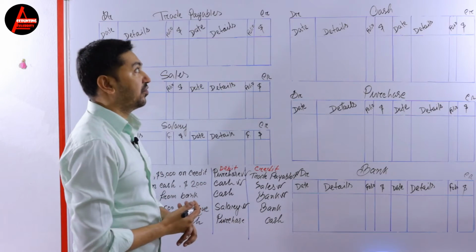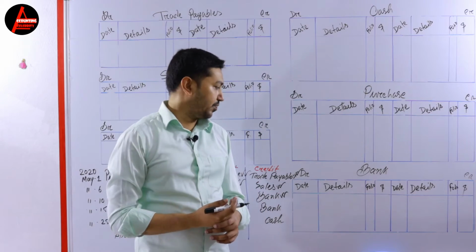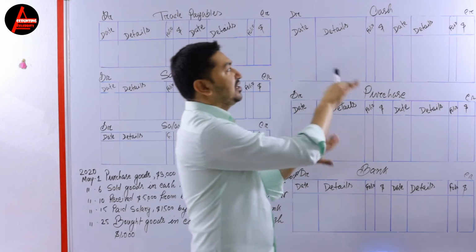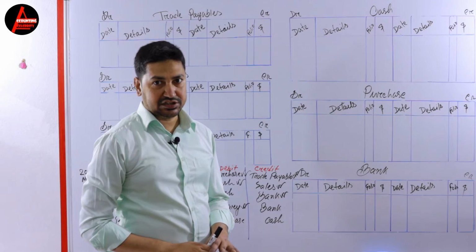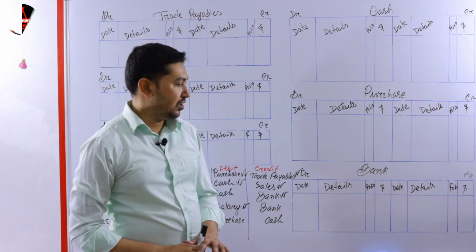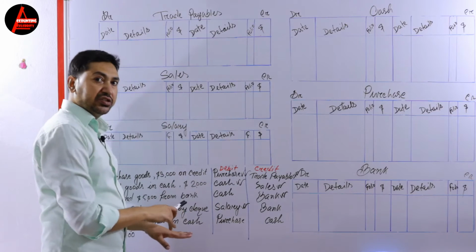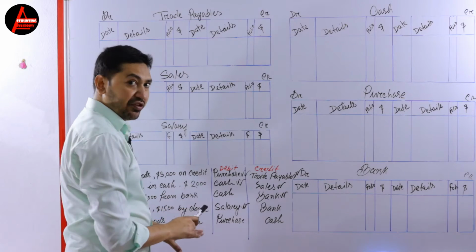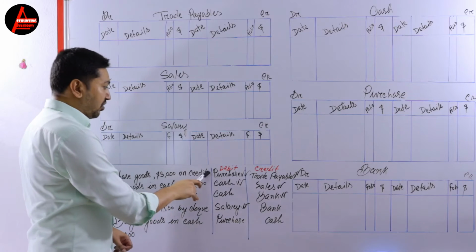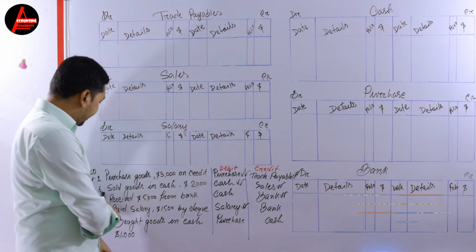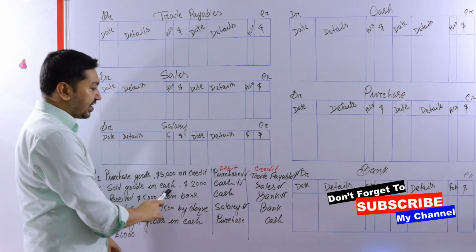Now let us do the cash ledger. That means in this cash ledger, all of your cash transactions will be entered. So look at the transactions, the double entries where you have cash. The first transaction has no cash. Second transaction, May 6, sold goods in cash.